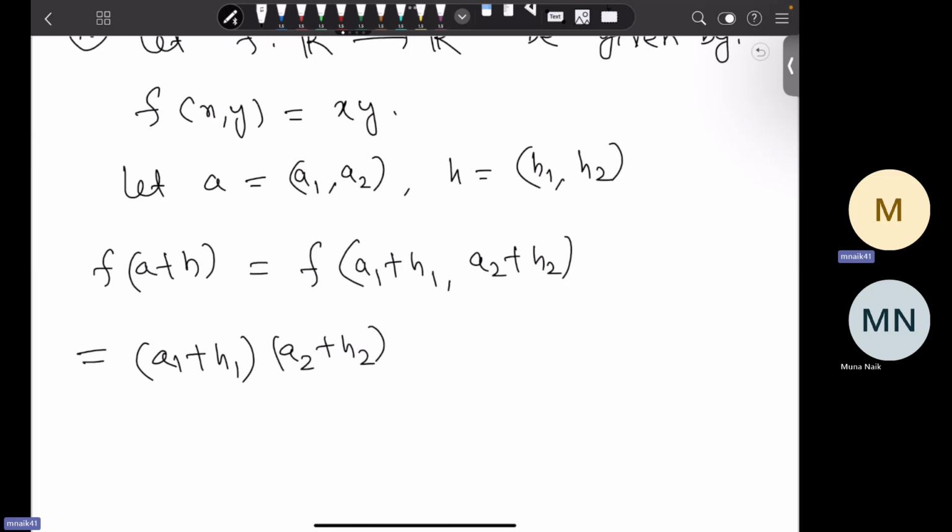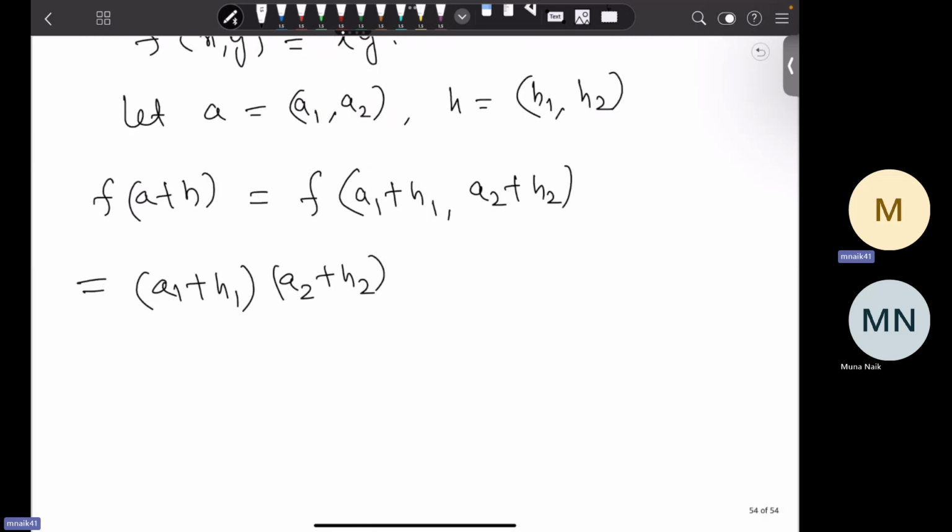Now this is the same thing as a1 a2 plus h1 h2 plus a1 h2 plus h1 a2 plus a1 a2.